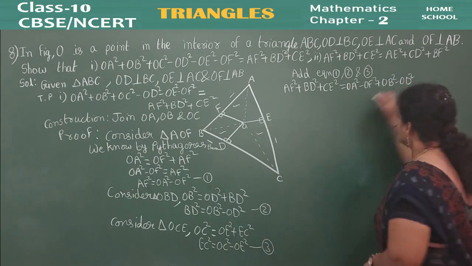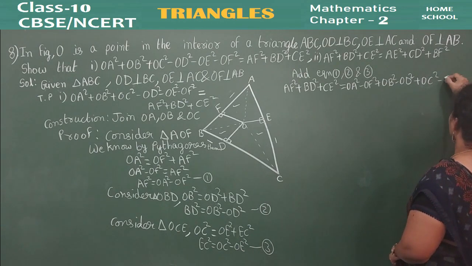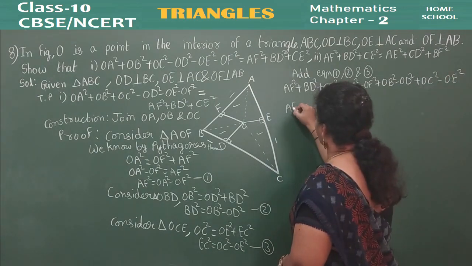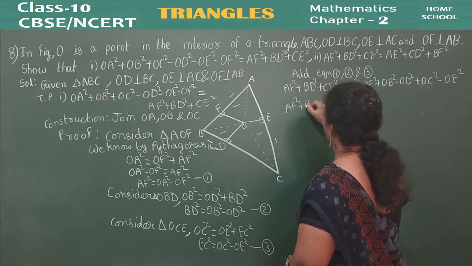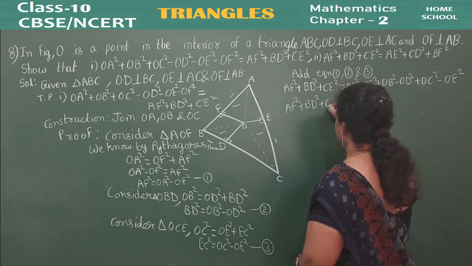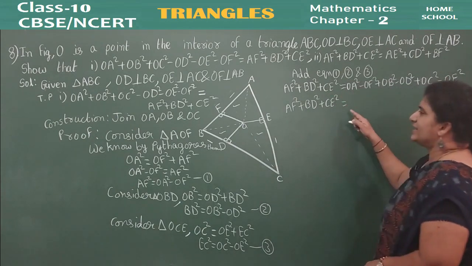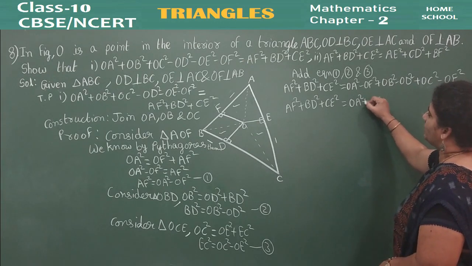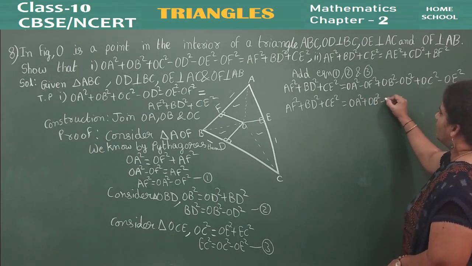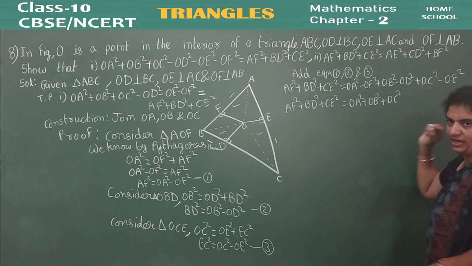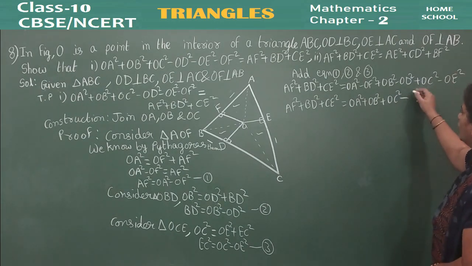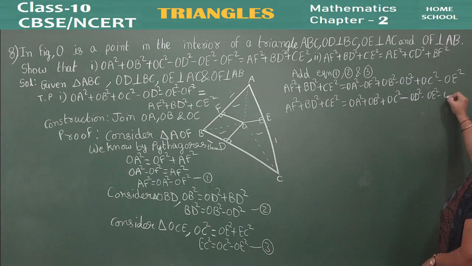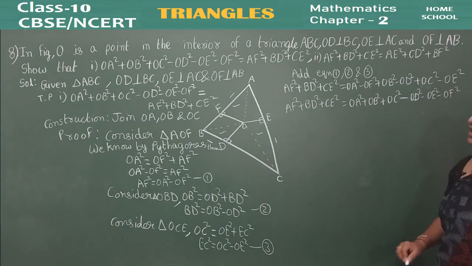Next, plus OC square minus OE square. Now, AF square plus BD square plus CE square is equal to, all positive values write this side, OA square plus OB square plus OC square minus OD square minus OE square minus OF square.